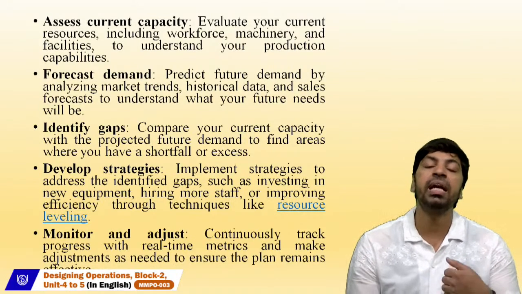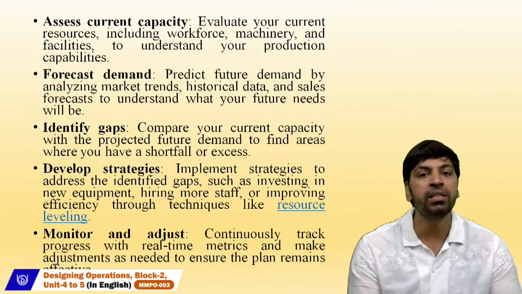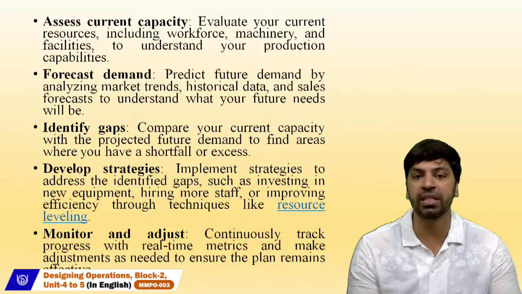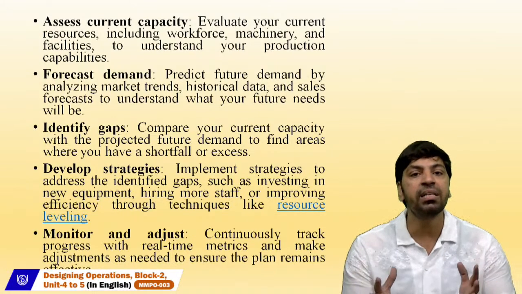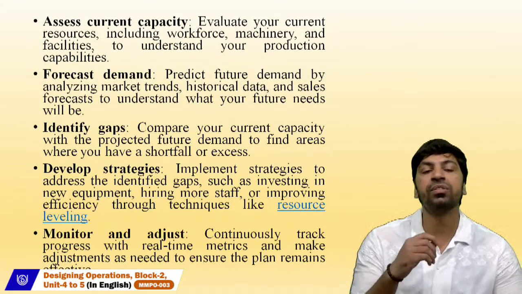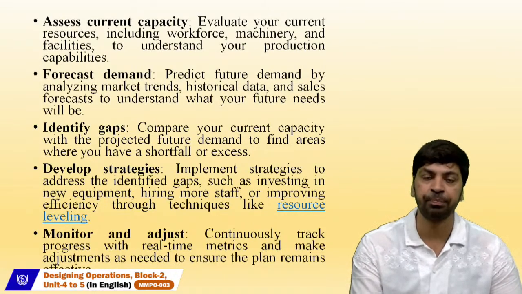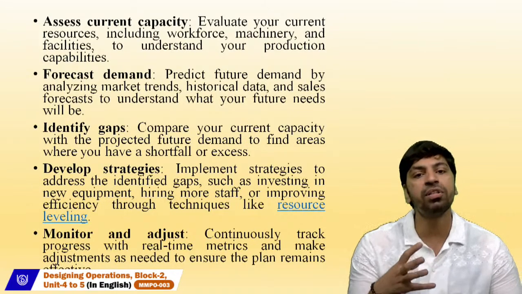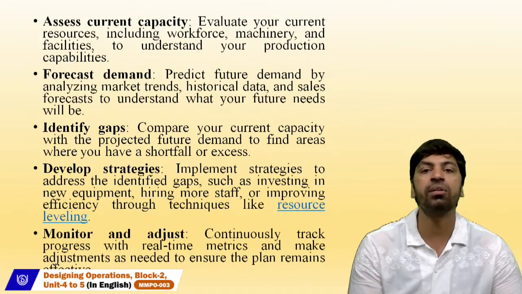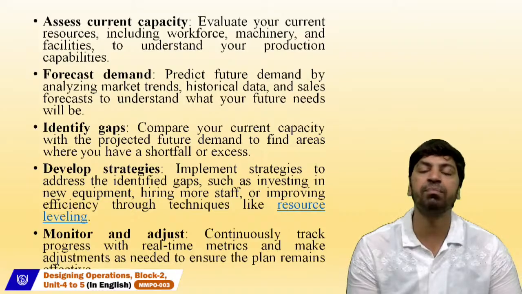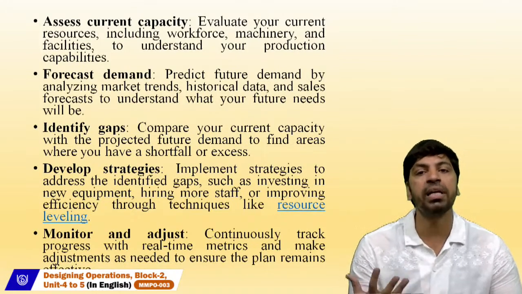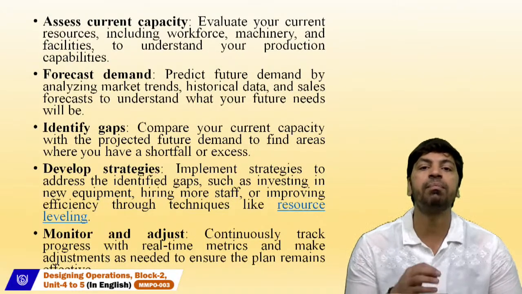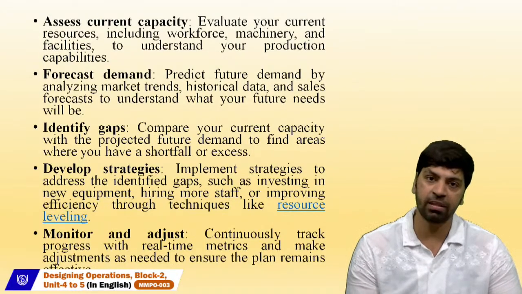It could be investment in equipment, hiring more staff, or improving the operational efficiency through various techniques like resource leveling, etc. Next is monitor and adjust. We continuously track the progress or the real-time metrics, and make adjustments whenever needed in order to ensure that the plan remains effective.